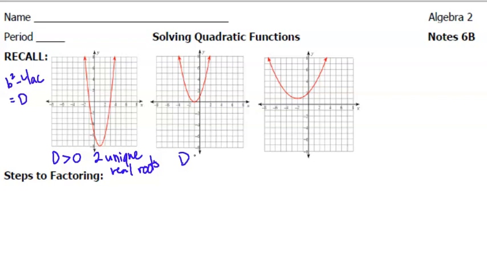When the discriminant is equal to 0, we have one repeated real root. And when the discriminant is less than 0, a negative number, we have two imaginary roots.